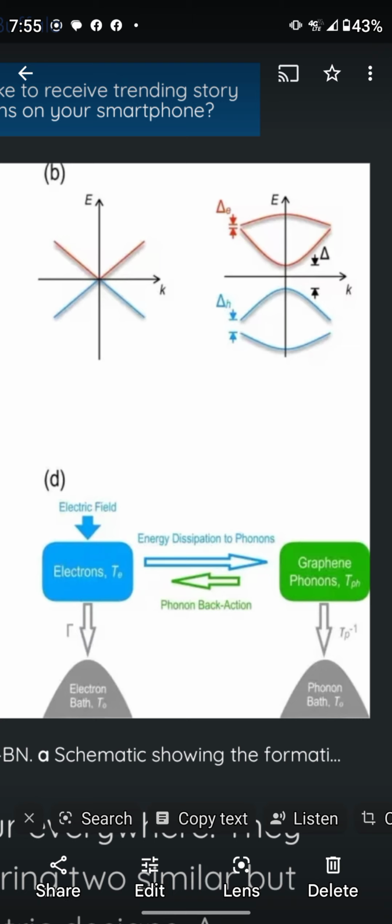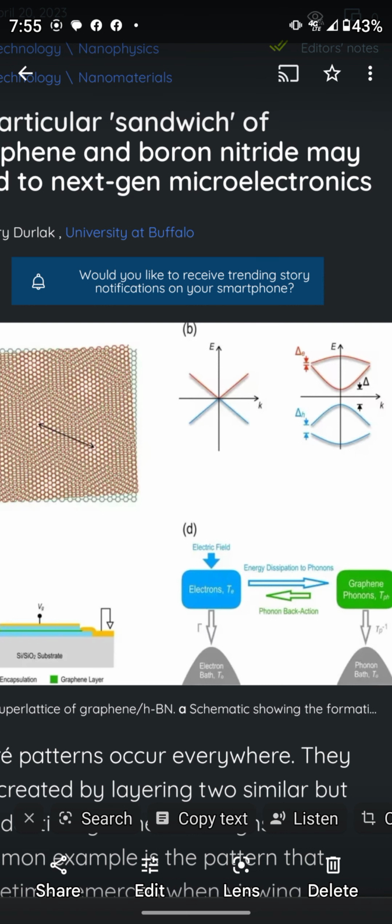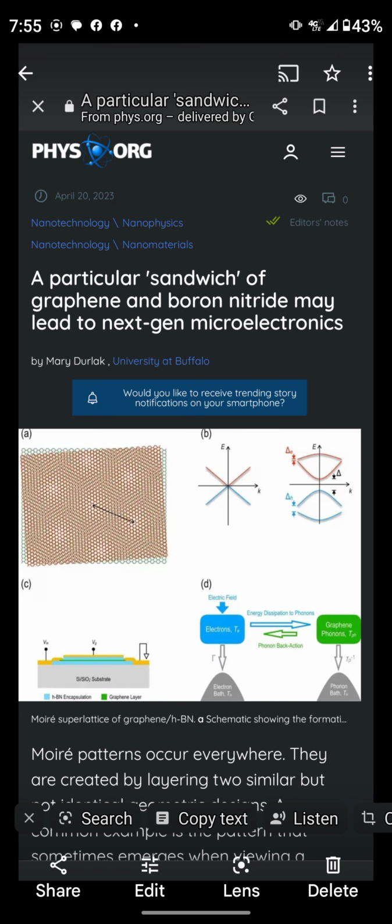Then the phonon back action, which is the polarity of the actual phonons, induces charge on the electrons, or basically repels or pushes the electrons, which induces electricity. So the electricity can go through. It's very cool, but you have to read the paper. Just read the paper and you'll understand more in depth.